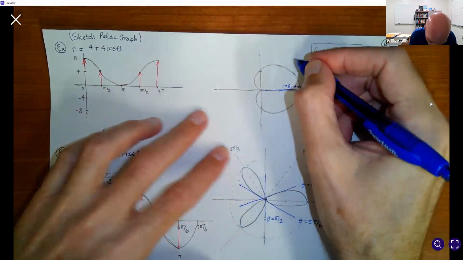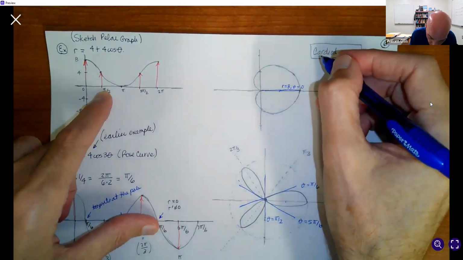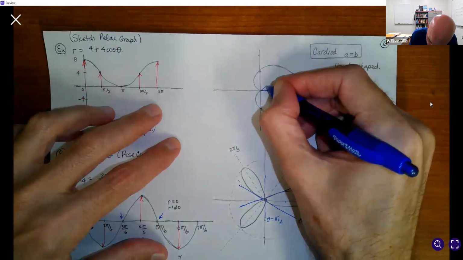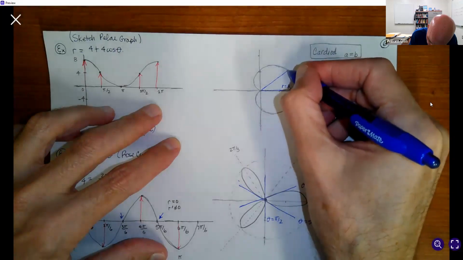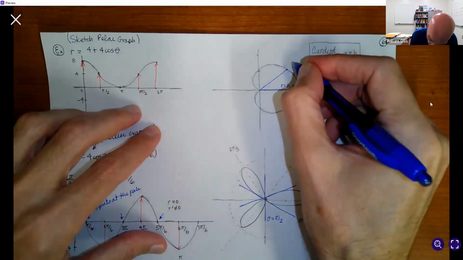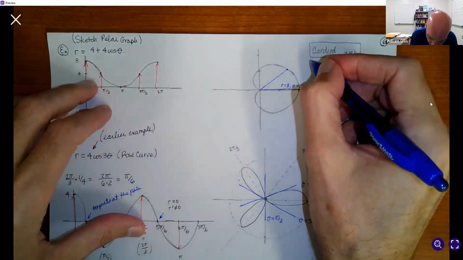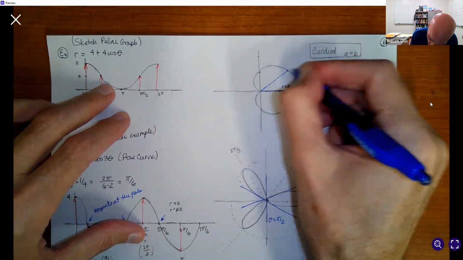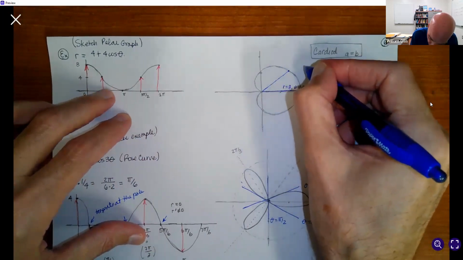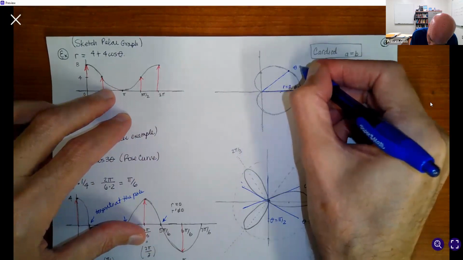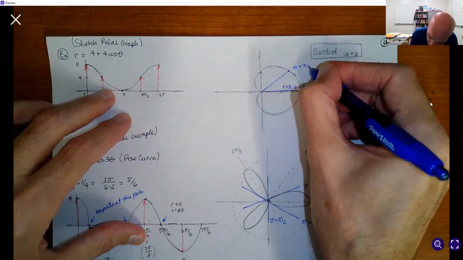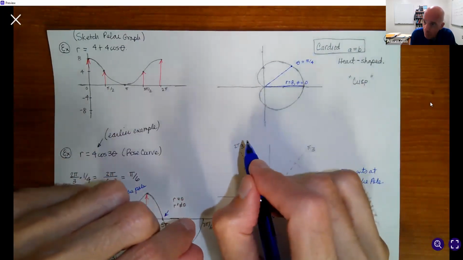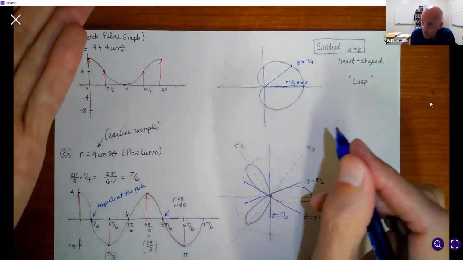And then as you move along, you can have a value here of, say, maybe pi over 4. You can just guesstimate here. So in this case, r will be a value between 4 and 8. Notice we can just write it out explicitly. If we say theta equals pi over 4, not that we have to do this, but I'm trying to show you that this rather casual sketching will be more than sufficient to get a beautiful curve.